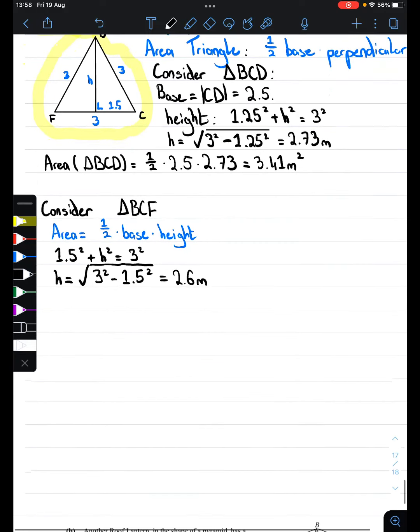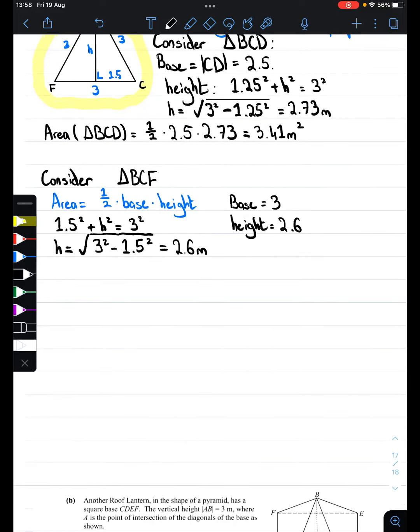Okay, so now we know the base is 3. The perpendicular height is 2.6. And so now we can calculate the area. The area of the triangle BCF is a half times 3 times 2.6, which gives us 3.9 meters squared.